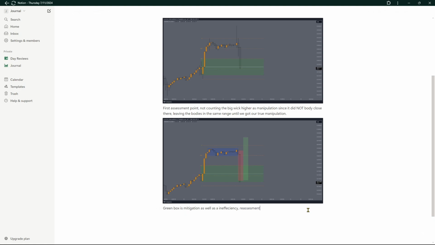Reassessment. Is there if we can get time signs of reversal, treating that as a and not a breakout of the range.